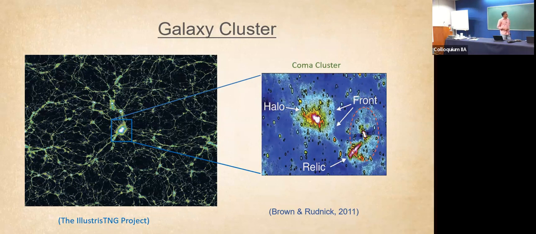This front indicates the shock front. This is the radio halo that is encompassing all of the galaxies. Yes, that is a full simulation; I have just overlaid it on the observation.